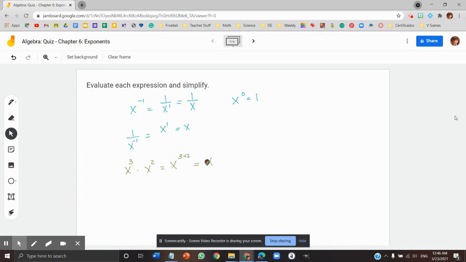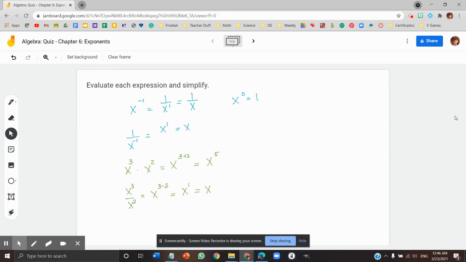That's going to be x to the fifth power. Now, if we were dividing them, then all we have to do here is subtract 3 minus 2, and you know that that equals 1, and everything to 1 is just the base.